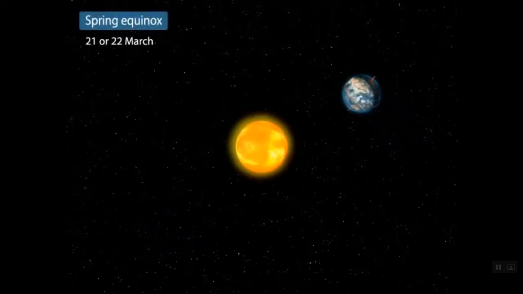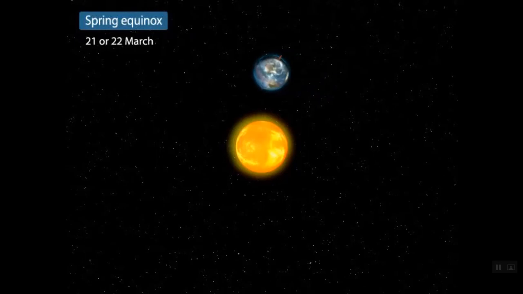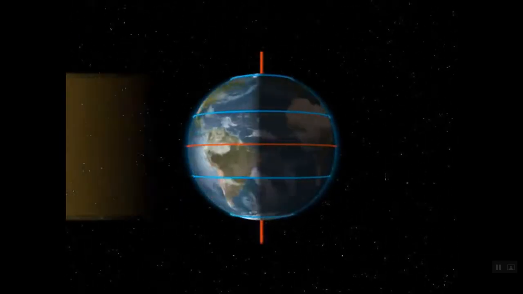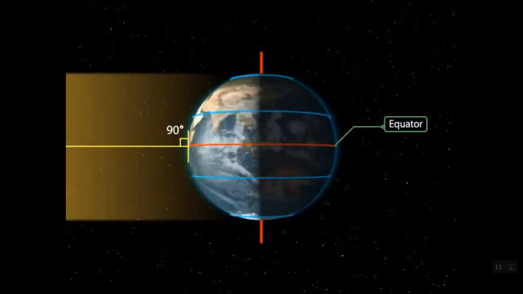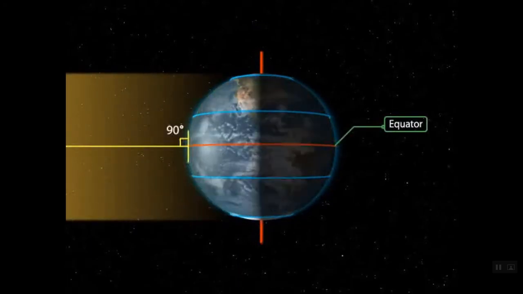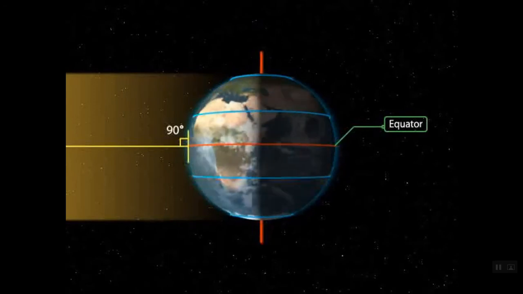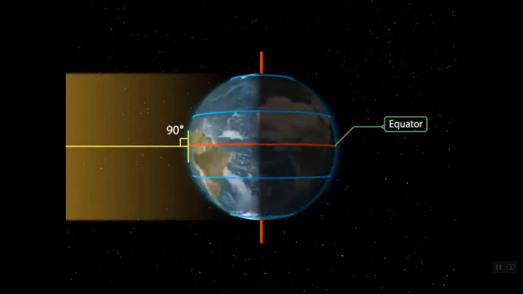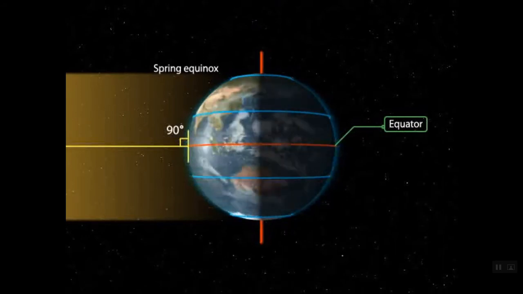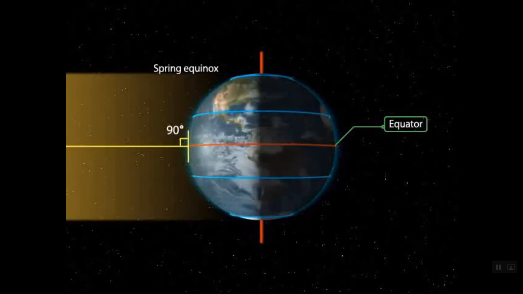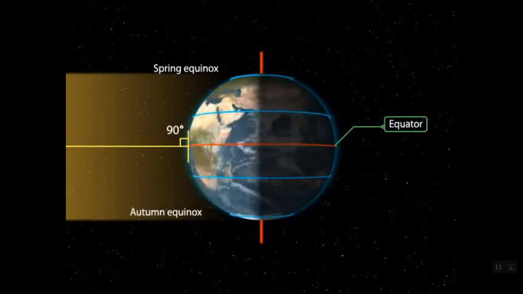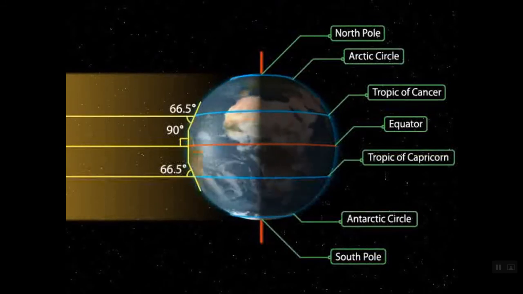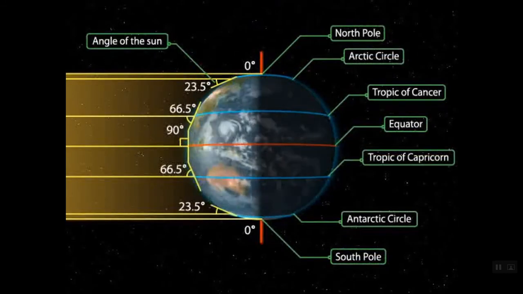Spring equinox on the 21st or 22nd of March. The overhead sun is over the equator. The equator receives the largest amount of solar radiation. At this time, the northern hemisphere is in the spring equinox, while the southern hemisphere is in the autumn equinox. The angle of the sun decreases towards the poles.